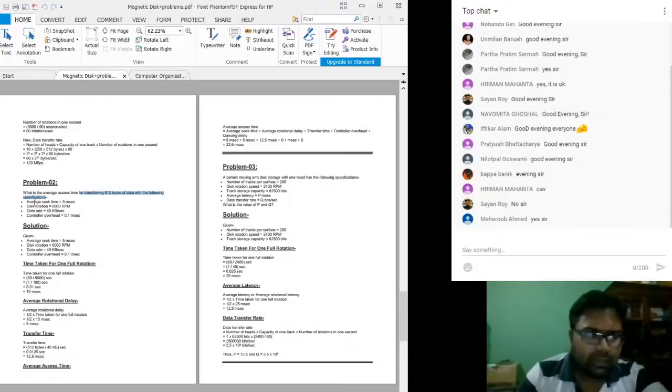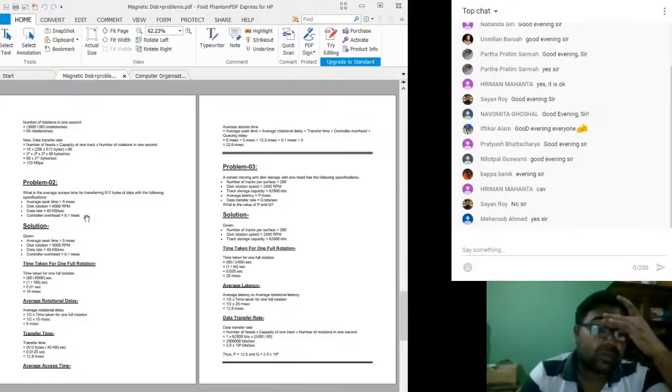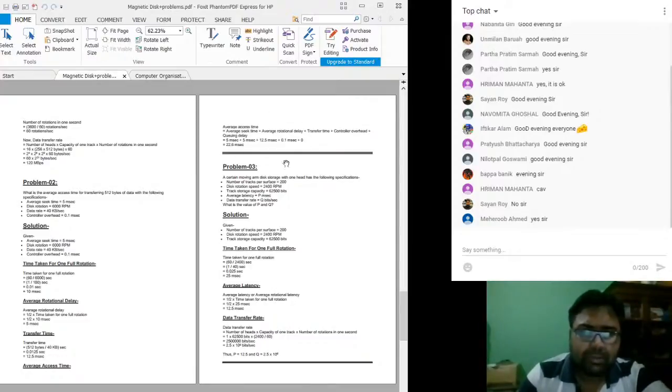Average seek time is given, disk rotation is given, data rate is given, and controller overhead is also given. So what you are going to do is straight away sum the respective delays. The time taken for one full rotation is given, and you can find it easily.